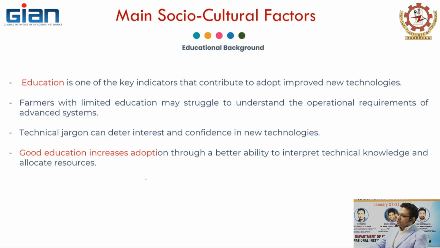Sometimes there is also some technical glitch. Sometimes people like to know things in a very simple way, farmer for farmers. If we have a manual with technical information written from our side, it is very difficult for farmers to easily understand.